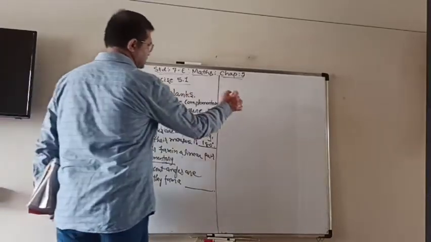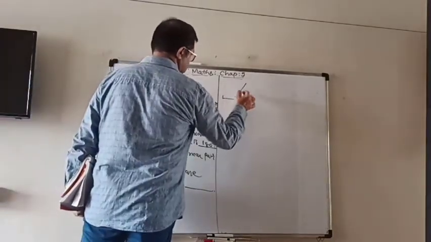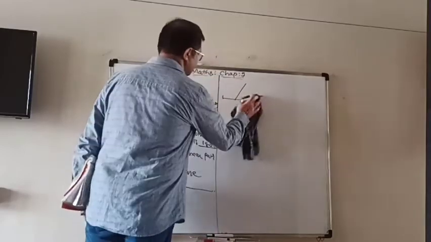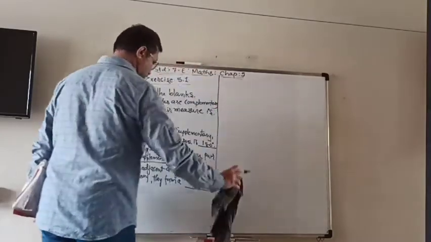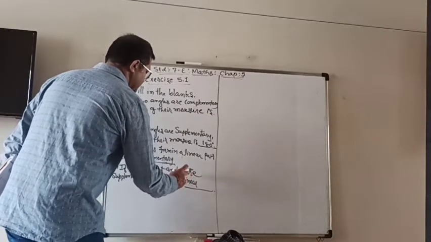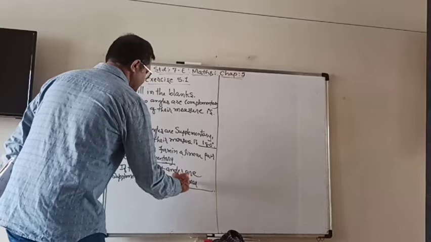It is the same like that. These are two adjacent angles and supplementary. They always form a linear pair. We already learned about it. So they form a linear pair.